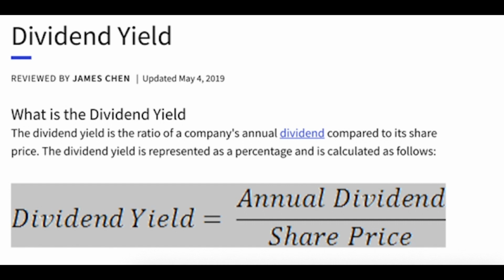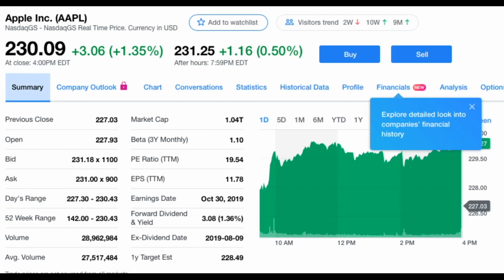So let's take a look at Apple's dividend yield. Here is Apple, ticker symbol AAPL. If we take Apple's annual dividend of $3.08 right here, and we divide that by Apple's current stock price of $230.09. What a day Apple had today, huh? We get the dividend yield, which here says 1.36, but Yahoo Finance hasn't updated.